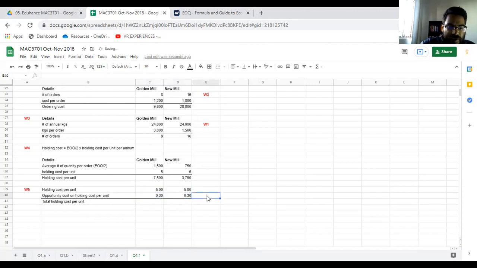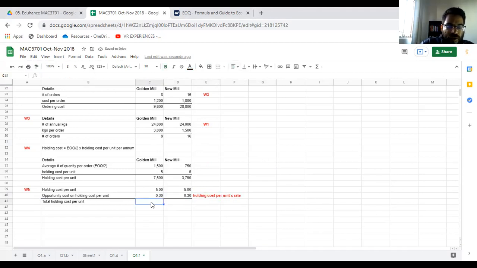So this here is holding cost per unit multiplied by rate. The interest rate they gave us was the required rate of return, which is basically your opportunity cost. Okay, so that's important to take note.